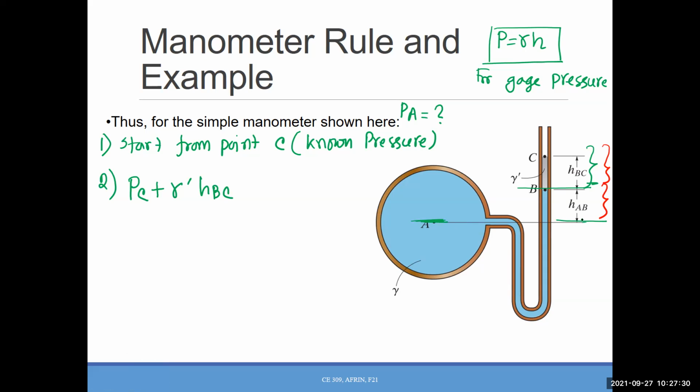The point A is below point C. From this point I'm going this way, so add or subtract? Add gamma H_AB, right?